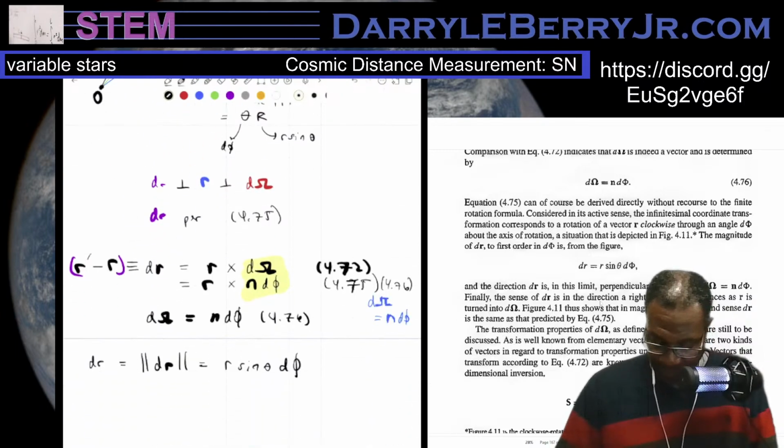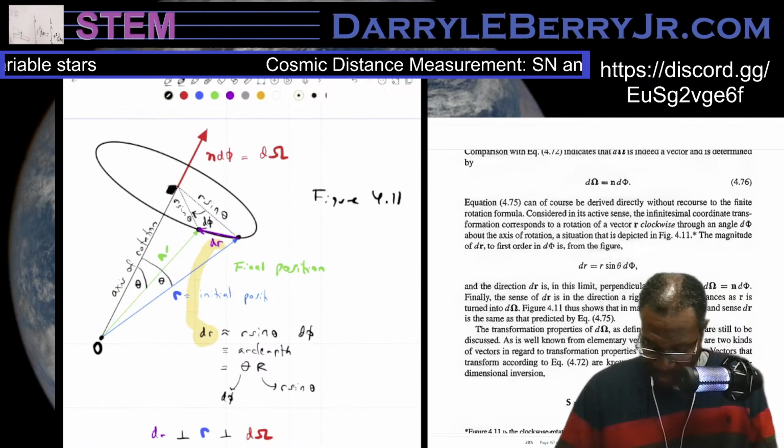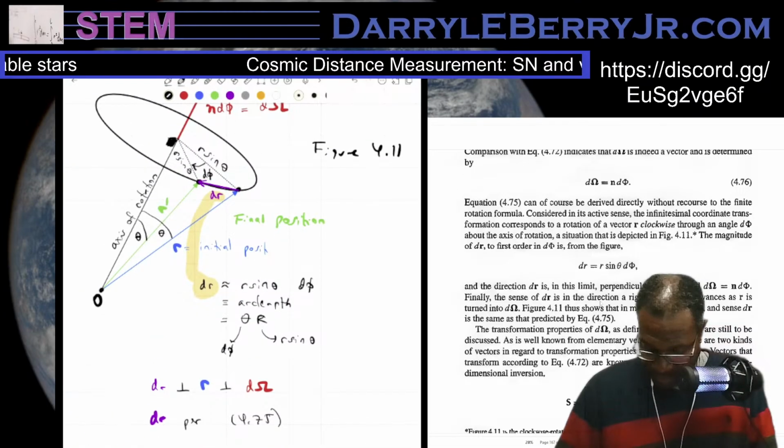This is the case from this image. dr is going across. We have r sine theta.